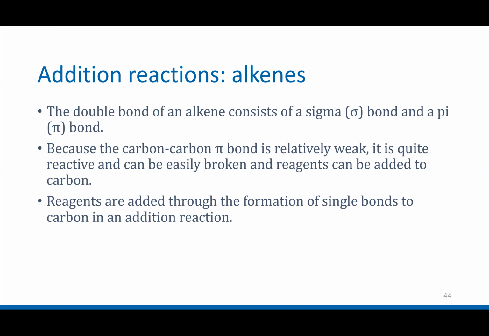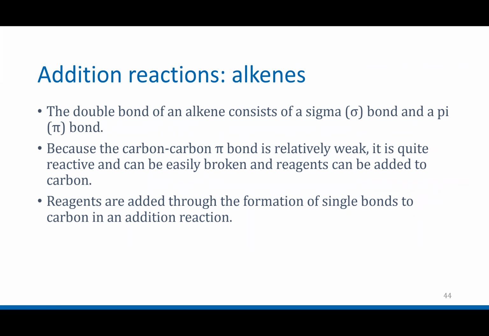I don't know what instructors you've had before, but they always mention a chemical reaction is when old bonds break and new bonds form. So the reason alkenes and alkynes are so reactive is those pi bonds in a double or triple bond are weaker than a single bond.